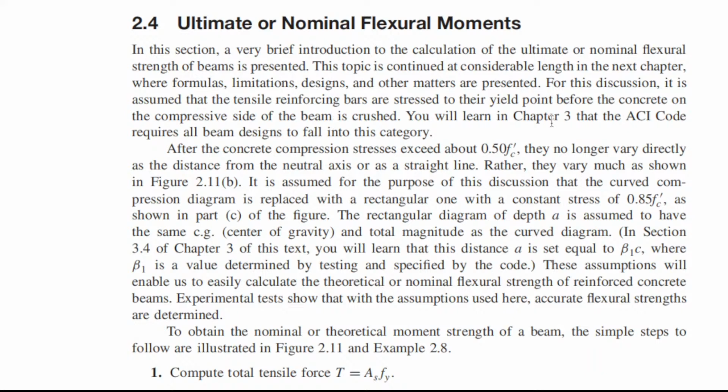Chapter 3, the whole Chapter 3 of the ACI code, requires all beam designs to fall into this category. When we are talking of Chapter 3, all beam designs must be that way.